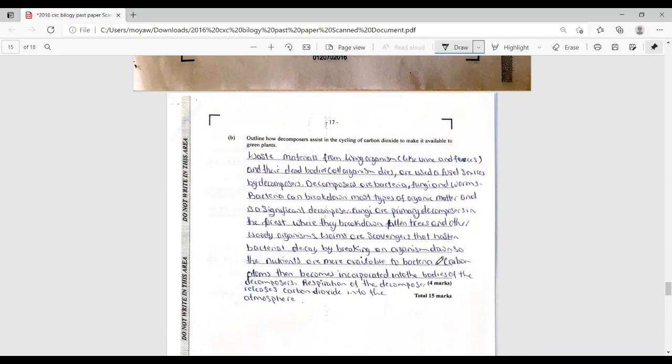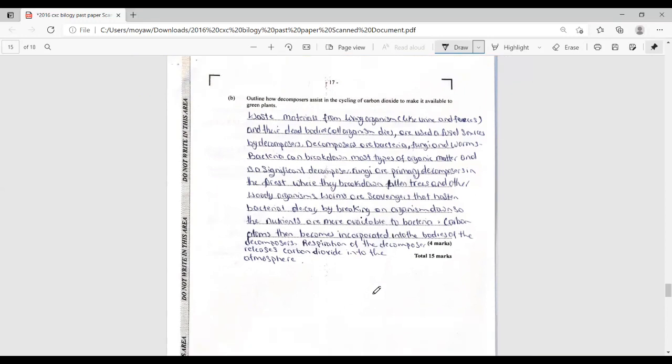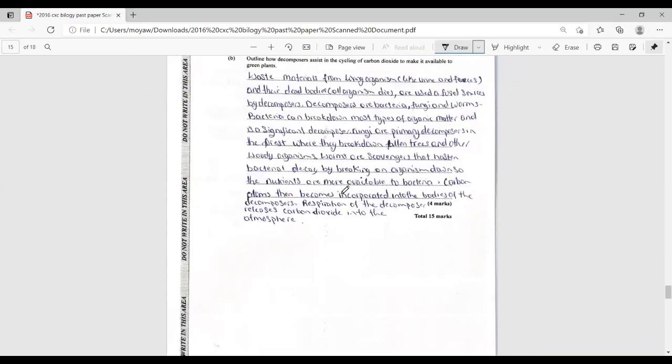And when they do that, they're going to incorporate the carbon atoms into their bodies, and whenever they respire, that carbon atom will be released into the atmosphere back as carbon dioxide. So it will be released back into the carbon cycle. So saying all of that you should be able to get your 4 marks.